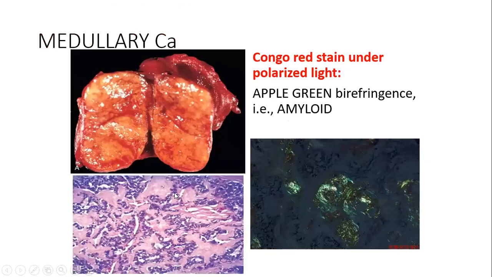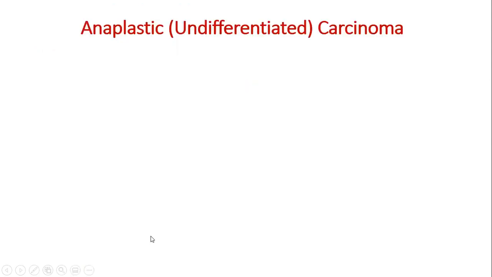Medullary carcinoma is also commonly associated with amyloidosis, amyloid protein deposition. You can check on Congo red stain with polarized light; apple green birefringence is diagnostic of amyloidosis.